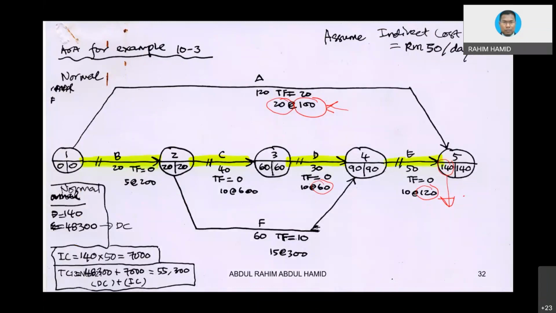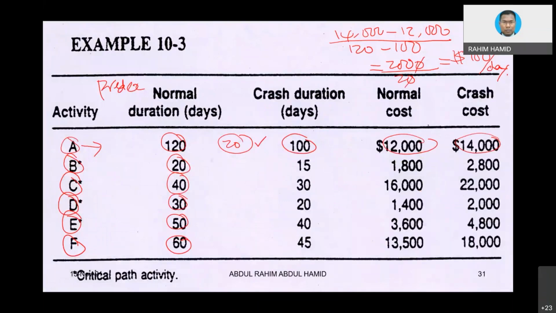In this example, there is another twist. Normally, the cost given for each activity would be the direct cost only, because remember, direct cost relates to man, machine, and material.